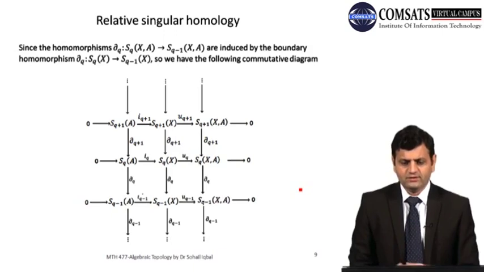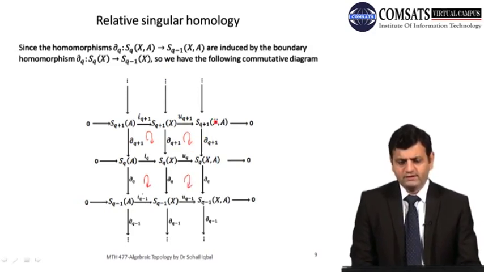commutative diagram. Remember that this part is already commutative. Now we want to show that this part is also commutative. The point is, when I have some element, let's call it sigma, in this structure, in other words, if sigma is a (q+1)-chain in X, then when we apply U(q+1) on this element, I get some element of this (q+1)-chain in (X, A), and then we apply the boundary operator.